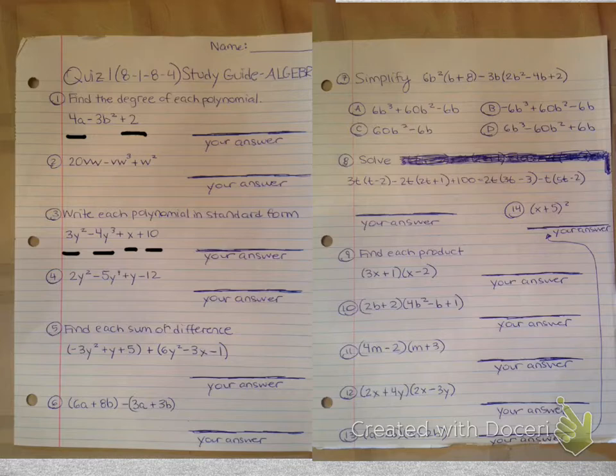So number 5 says find each sum or difference. This is a sum. So we're going to look for like terms. The first term here is negative 3y squared. And then there's another term in the second grouping that's also a y squared. So we're going to add those together. Negative 3y squared plus 6y squared, which gives us positive 3y squared.